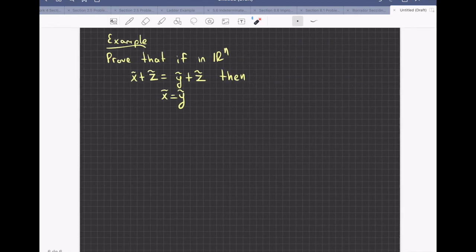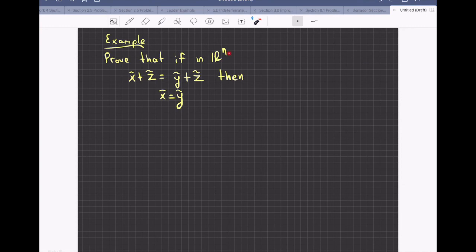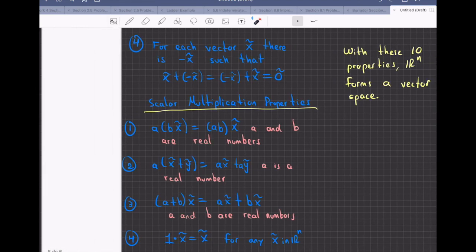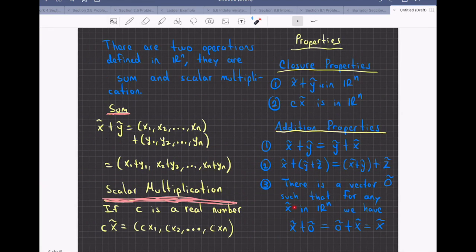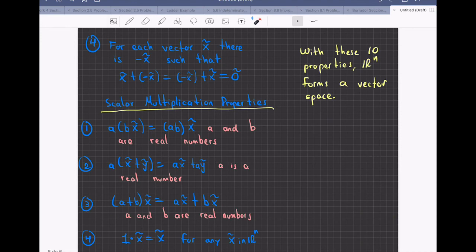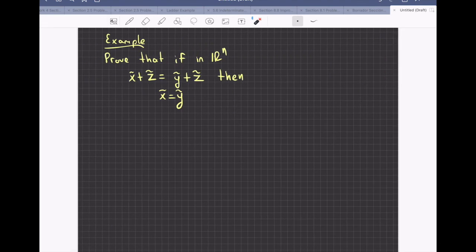So one true result in any vector space, in Rn, is that if you have x plus c equal to y plus c, then you can conclude that x equals y, because notice we have the same c here. But of course, this must be proved by following some of these 10 properties, and it's not very complicated.